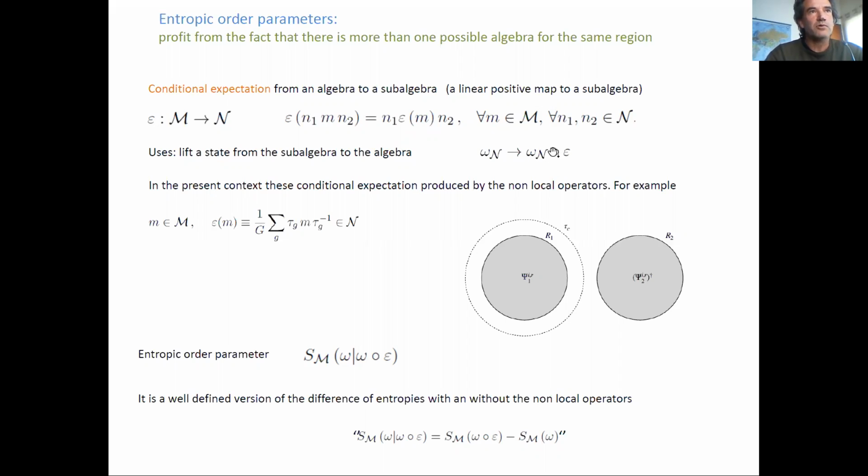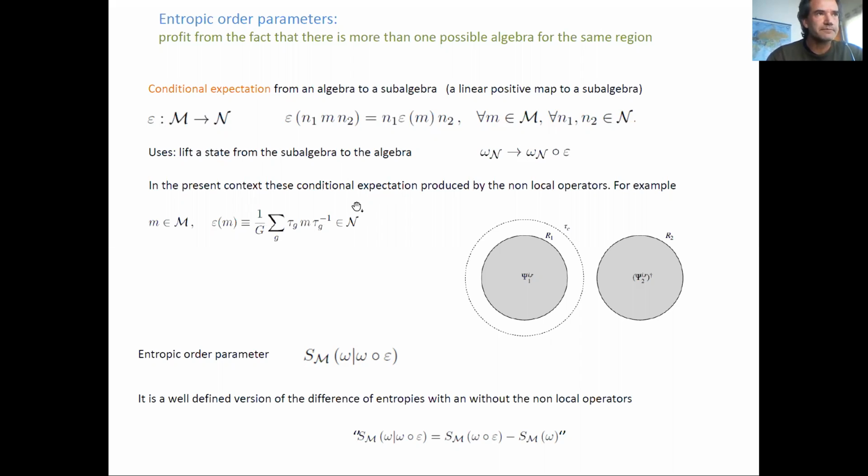And if I compose it with a conditional expectation, it gives me a function that, if you take an operator in the big algebra, epsilon takes it to the small algebra, and this omega gives you a number. So the full thing will be a state on the big algebra. And the fact that this is a state is because this is a conditional expectation, so you can go through that.